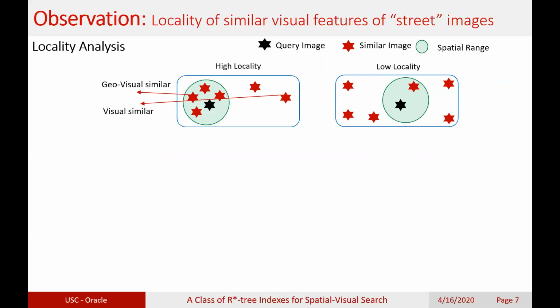Basically, we calculated the difference between the similar images for a query image and the ones located in the spatial proximity. If we look at the figure on the left, where most of the similar images are located in the same neighborhood of the query image, this shows high locality. Otherwise, it will show low locality.